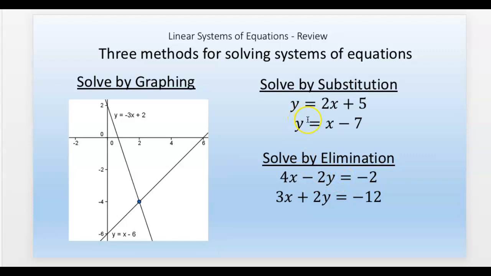Substitution was when one equation was already solved for one of the variables, and elimination was when we had an additive inverse. Like this one, if we added these two equations, the y variable would disappear, because negative 2y and positive 2y is an additive inverse.